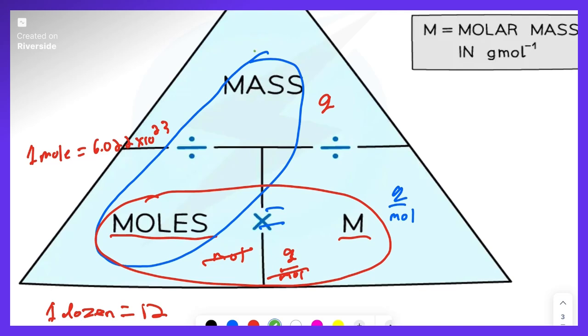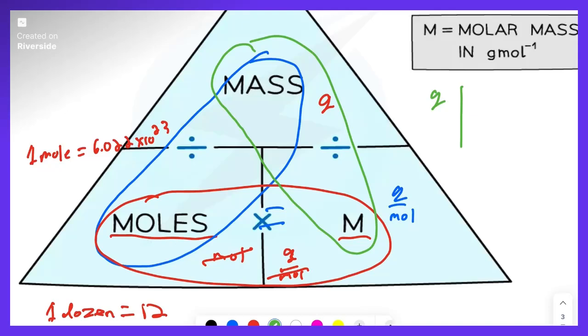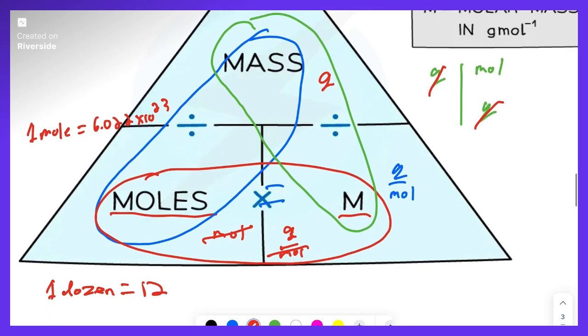And if we had mass divided by molar mass, using dimensional analysis, we start off with grams, and we want to get moles. We know there's a certain amount of moles in 1 gram, so we can cross off our units, and our end unit is moles. So mass divided by molar mass is moles, mass divided by moles is molar mass, and moles times molar mass is mass. That's important to understand.